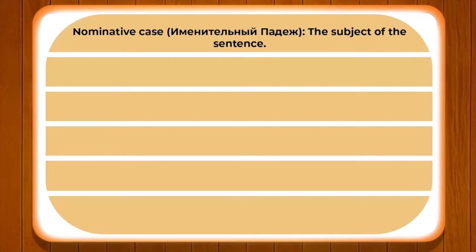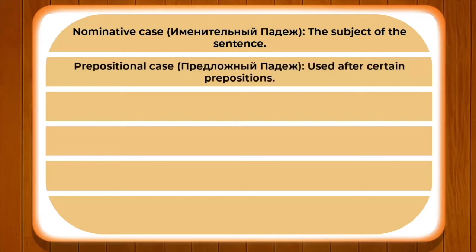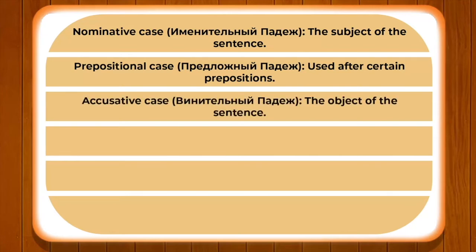The second one is the prepositional case, called predložny padezh in Russian. This case is used after certain prepositions, like we already know, v and na, which can be defined as in, at or on. And then the third one is the accusative case.